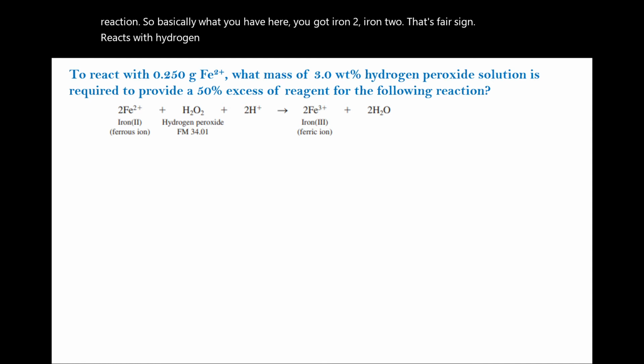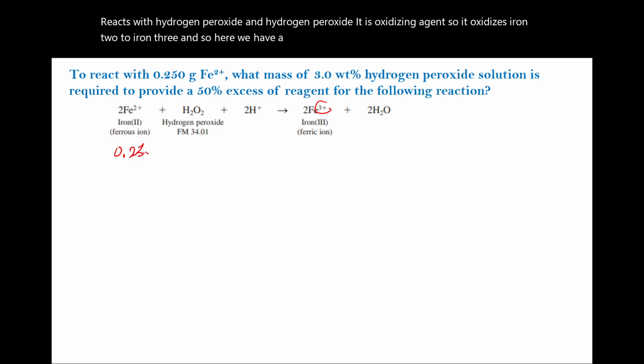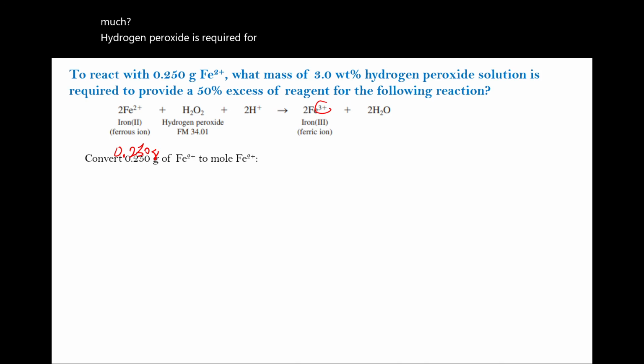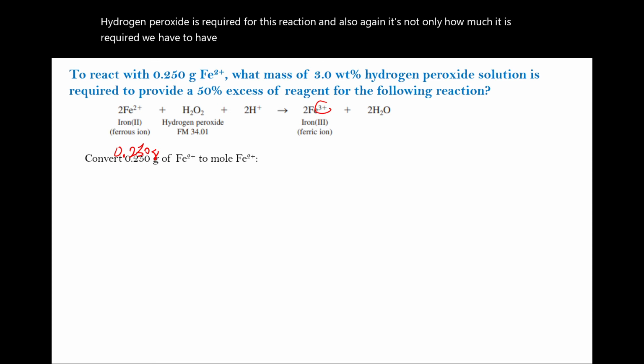Hydrogen peroxide is an oxidizing agent, so it oxidizes iron(II) to iron(III). Here we have 0.250 grams of iron. So how much hydrogen peroxide is required for this reaction? And again, it's not only how much is required, we have to have 50% excess of that.